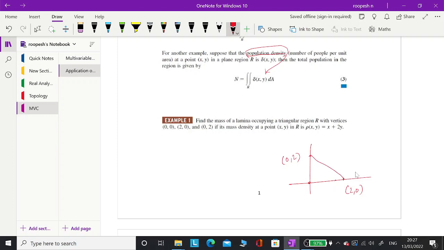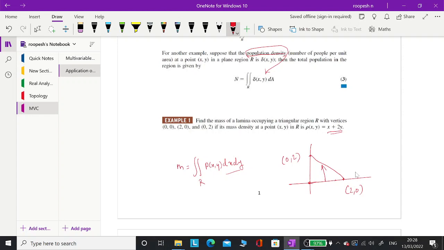Its mass density at a point (x, y) is given as x plus 2y. So we want to find the mass m equal to the double integral over R of rho(x, y) dx dy. That's our area, right? Here x ranges from here to here and y ranges from here to here.